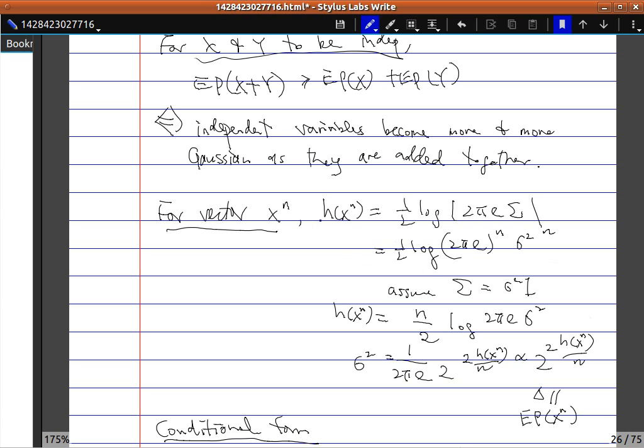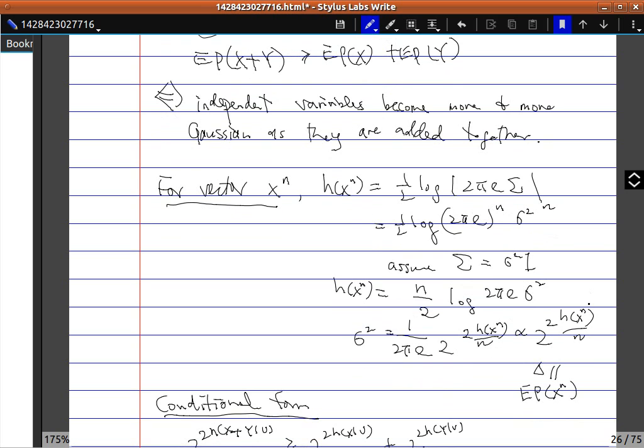Then we will have the entropy equal to this. We rearrange the terms, and we have sigma squared equal to this here. So therefore, we can write the entropy power of X^n as this one here. Essentially, it's the same as before, only we have a factor of 1 over n here.